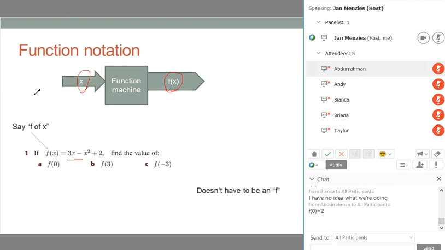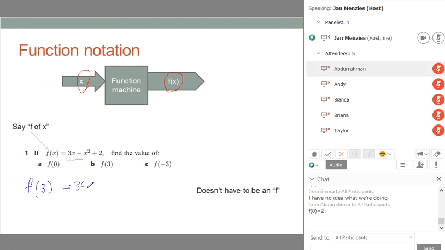All right, I'll do it a bit slower, Bianca. Bianca, we've just defined what a function is, and we're changing the notation. So instead of saying y equals something, we're saying that this is a function, and it's in terms of the variable x. So we're just practicing that if x equals 3, we write function when x equals 3 equals. So instead of x, we're putting 3.